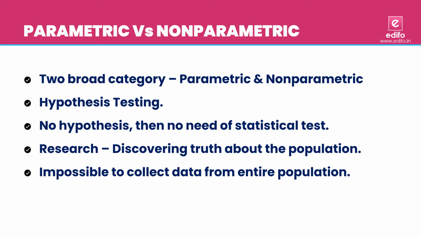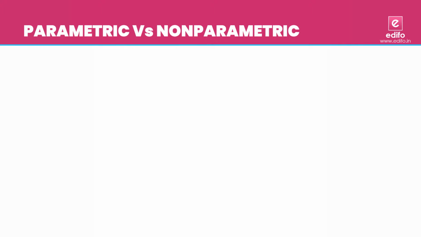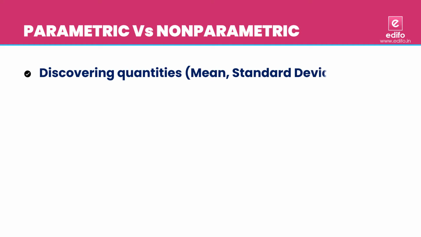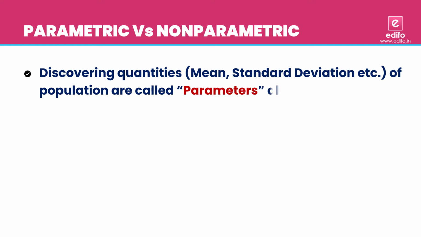So, our only solution is to collect data from the subset of the population that is called the sample. From this sample, we can find some quantities of the population, that is mean, standard deviation, or we can say some proportions on the basis of some attributes.